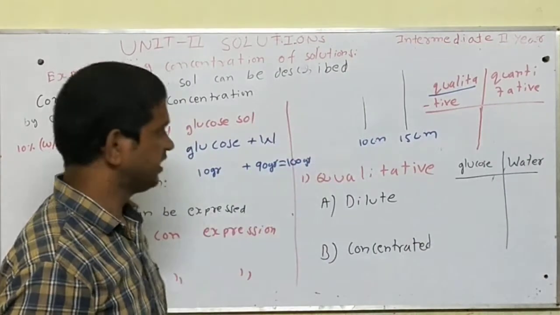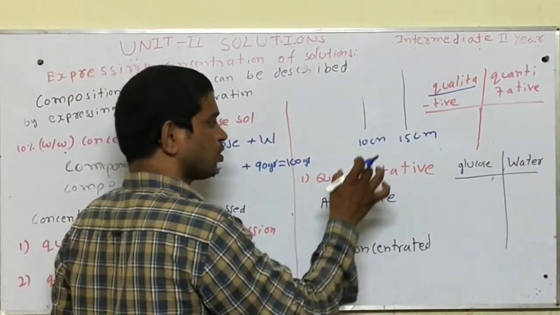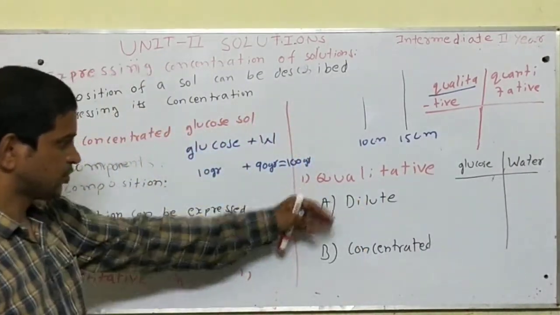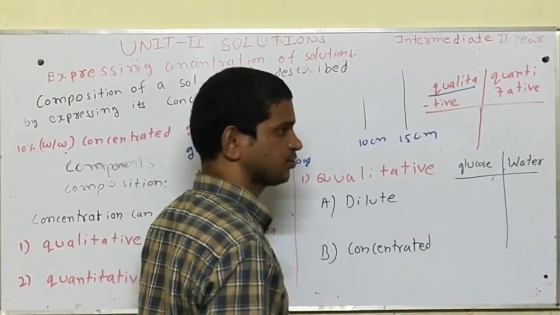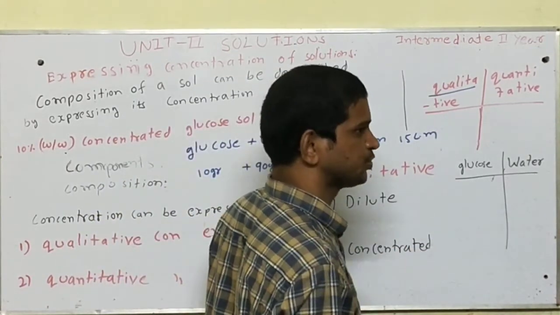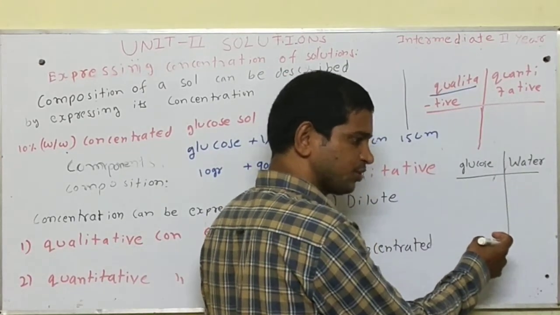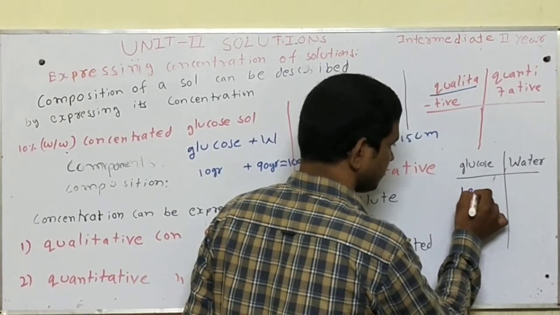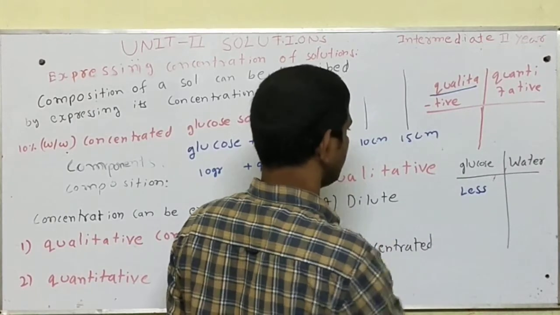In the same way, in binary solutions, we have qualitatively two types of solutions. One is dilute solution, other one is concentrated solution. In dilute solutions, the amount of solute present in solution is very less. I am again taking a glucose solution.